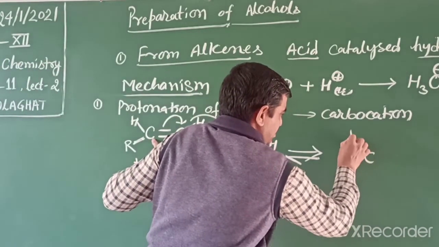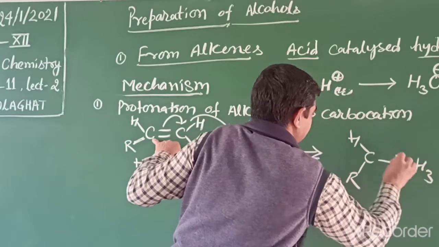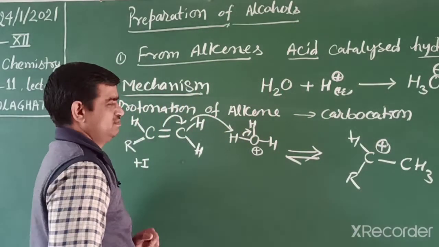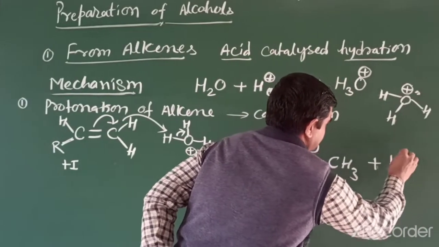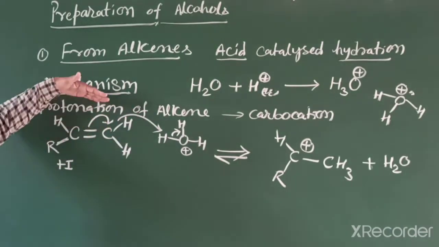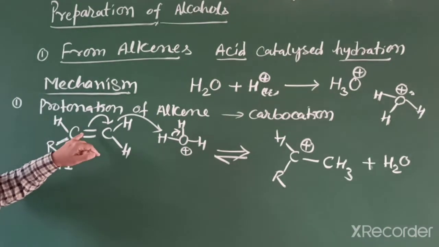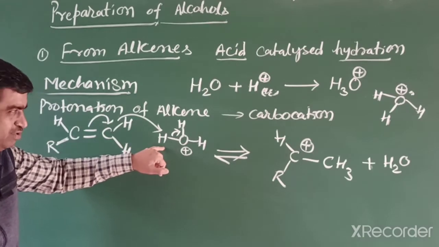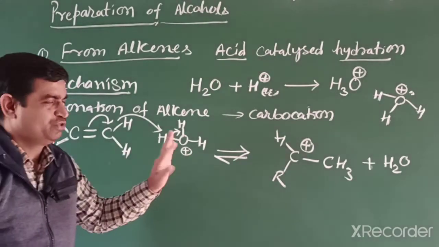So we find a carbocation in this reaction, a secondary carbocation, and the water molecule is released. In the first step, addition of a proton, or we can say protonation of alkene, because alkene is an electron rich system with pi electrons. So this electron moves towards the proton, the proton attacks, and the water molecule is released.